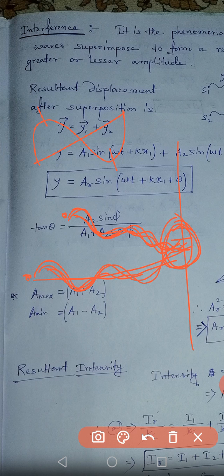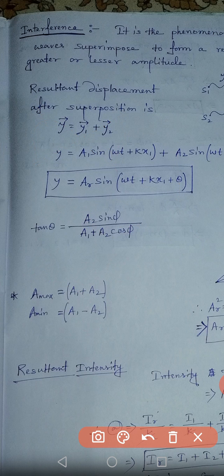They are not reaching this point with the same number of crests and troughs. Once again, suppose one source gives first crest, trough, crest, trough, crest, and this is the position where this wave reaches.